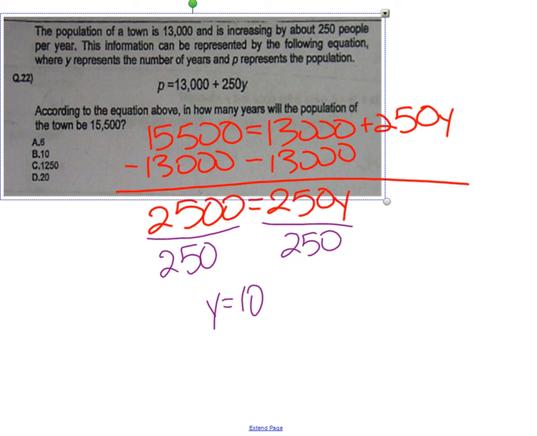And then you say if you need 2,500 people and you're getting 250 a year, how many years would that take? Then you would divide. So the logical steps you would take follow the mathematical steps you would take. So as long as you're thinking, which hopefully you're doing, you should be able to get this.